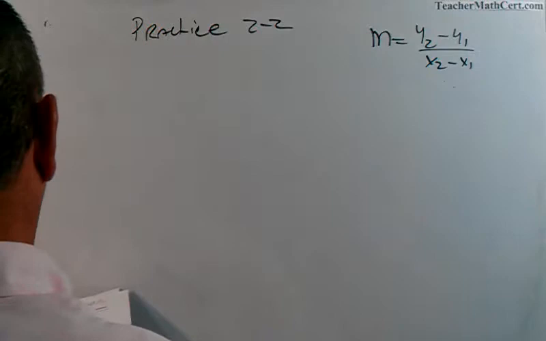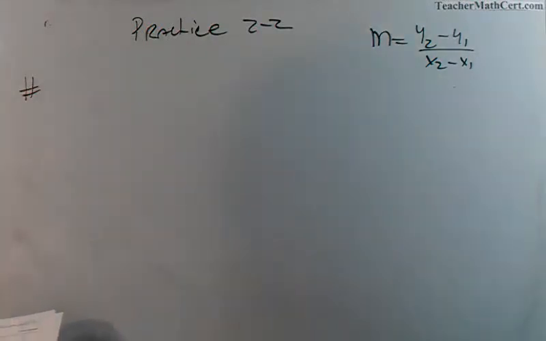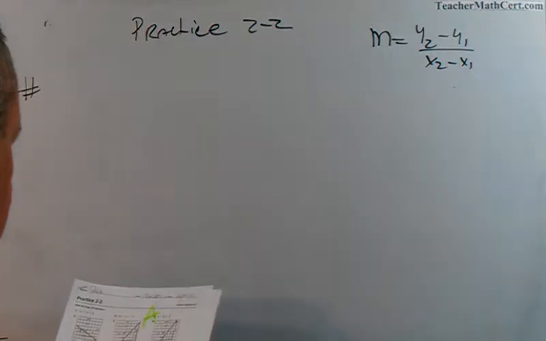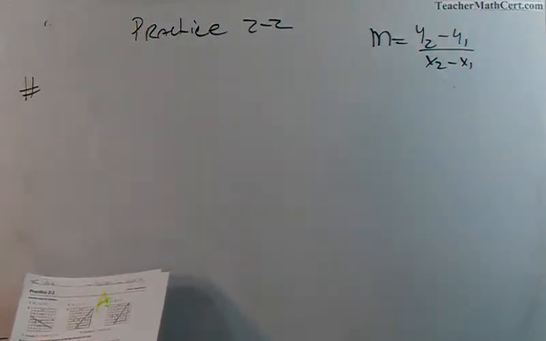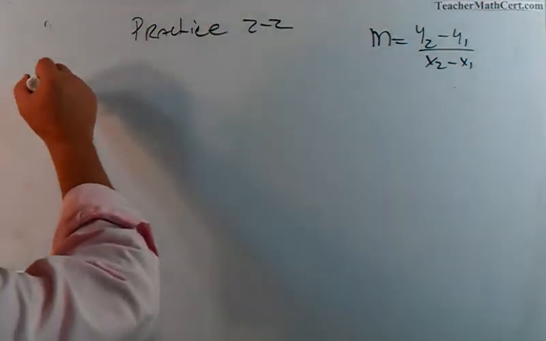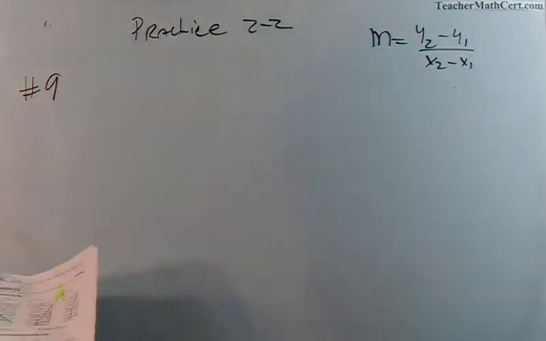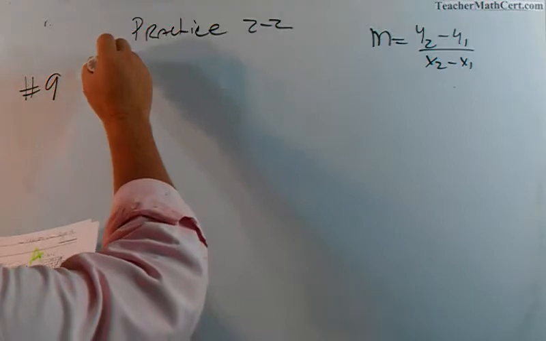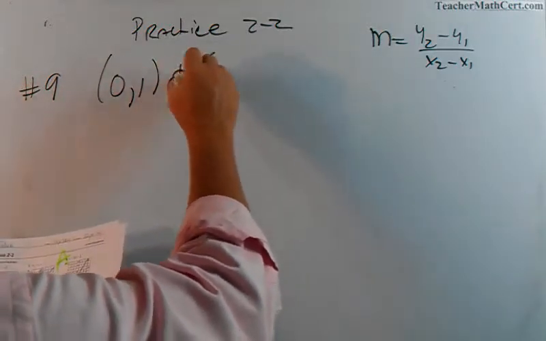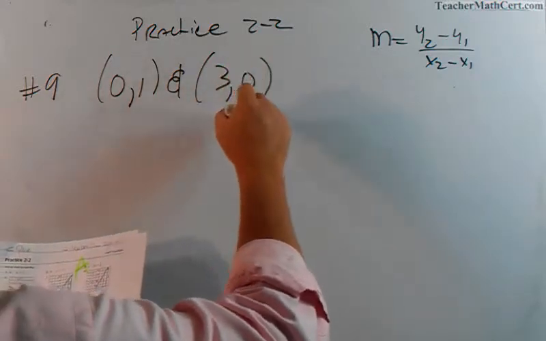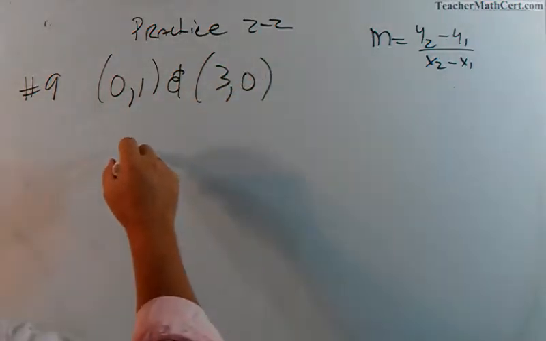All right. Write in point slope form the equation of the line through each pair of points. Alright, number 9. So we got 0, comma 1 and 3, comma 0. Point slope form.